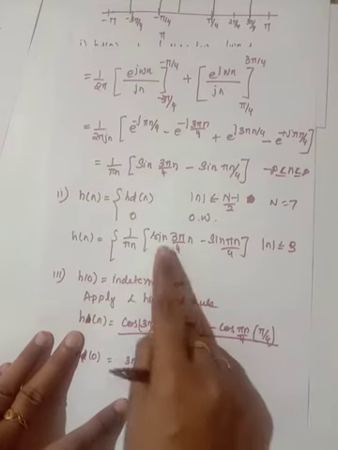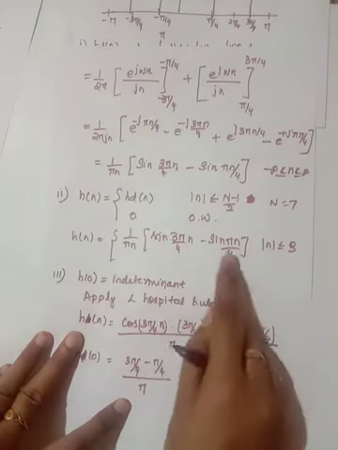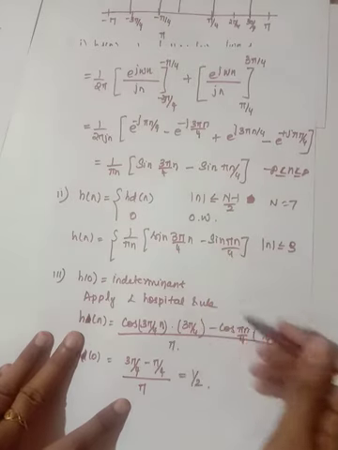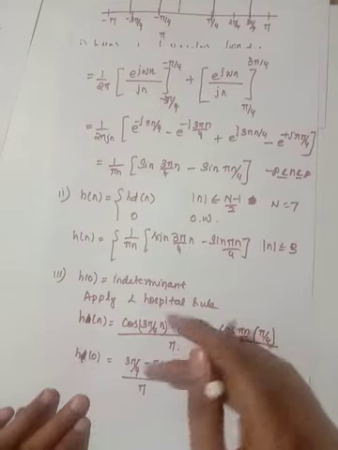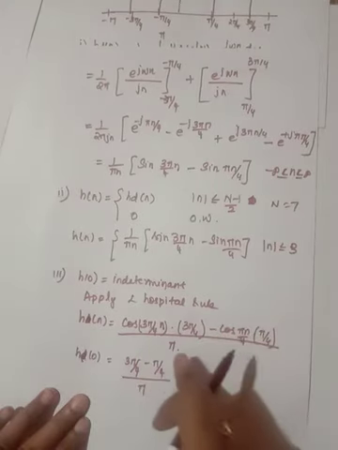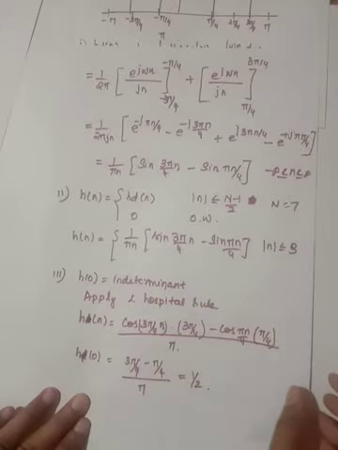I get cos 3 pi n by 4 into 3 pi by 4, similarly cos pi n by 4 into pi by 4, divided by pi. So 3 pi by 4 minus pi by 4 divided by pi is equal to 1 by 2.